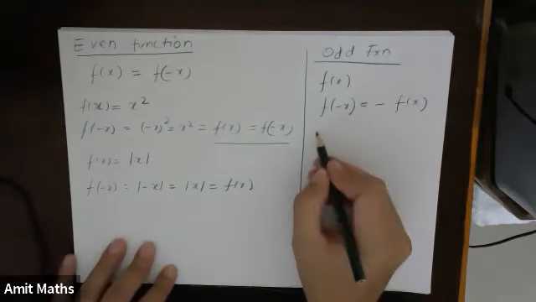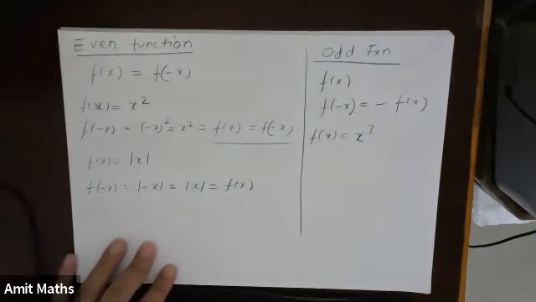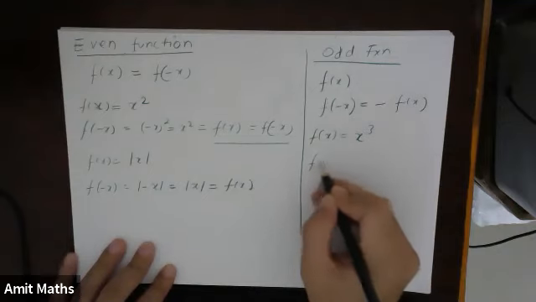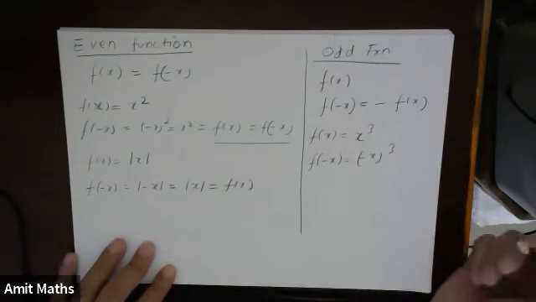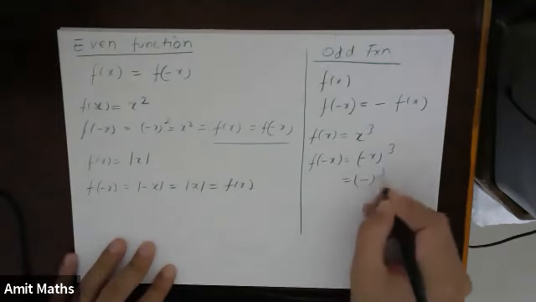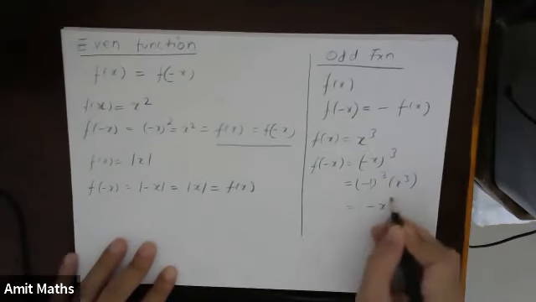For example, suppose f of x is equal to x cube. Now instead of x, if I substitute minus x, f of minus x is equal to minus x whole cube. This will be minus of 1 cube into x cube, which is nothing but minus of x cube.